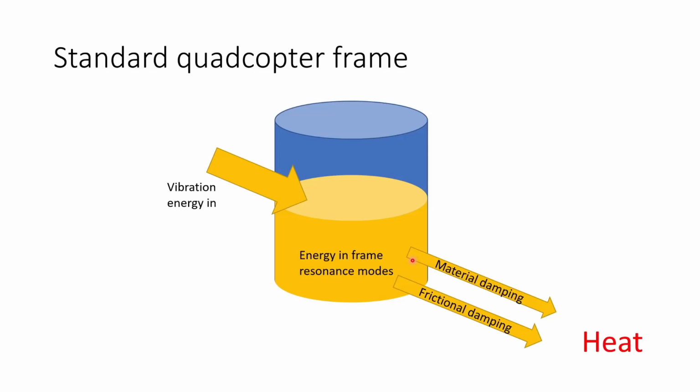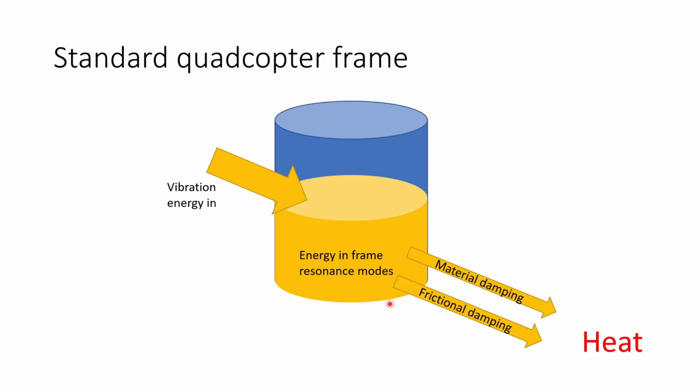So if we look at a standard quadcopter frame and we go back to this schematic of how vibration works, we've got a source of vibration energy coming in, and that's coming from the motors and the props and the aerodynamic buffeting and all that sort of effect. We have a certain amount of energy that's being stored in the vibration of the frame.